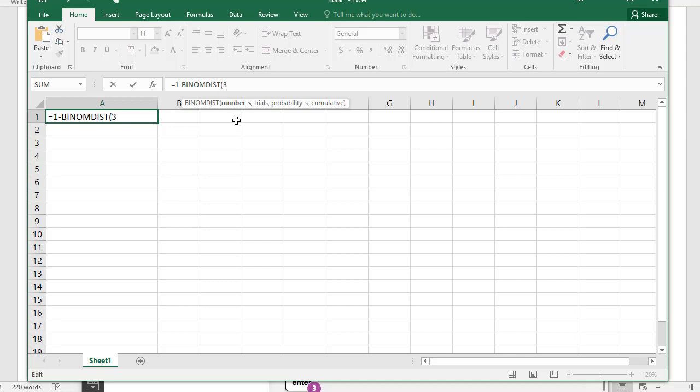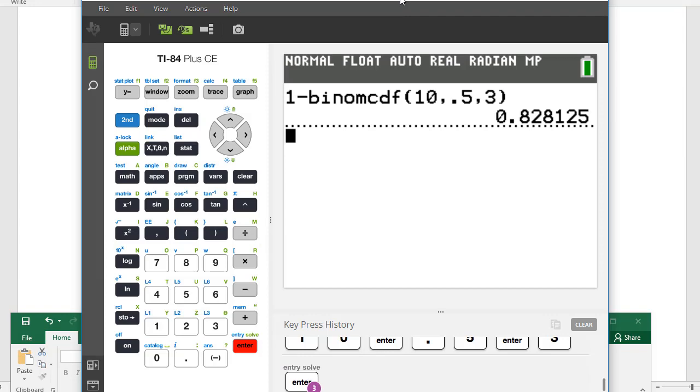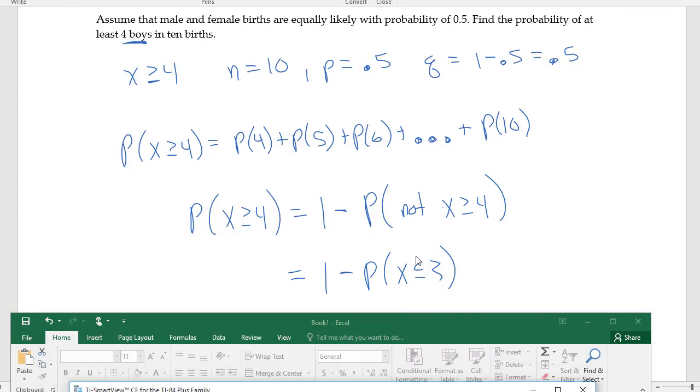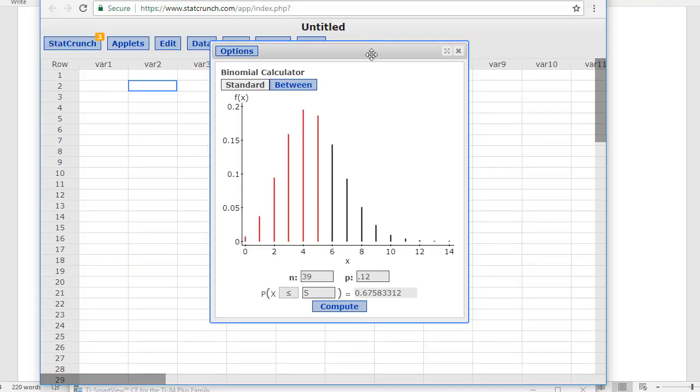The number of successes was up to 3, because what we don't want is up to 3. I had 10 trials, the probability of any one success, and is this cumulative? Yes, I need to type true. When I hit enter, there's that same probability we got from the TI.